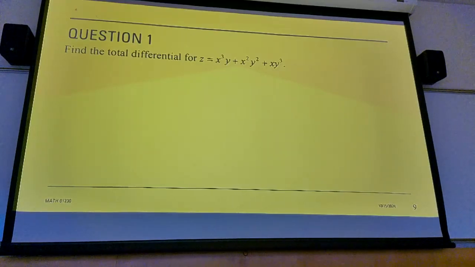So find the total differential. And remember, that's the total differential for this case because it's two variable.